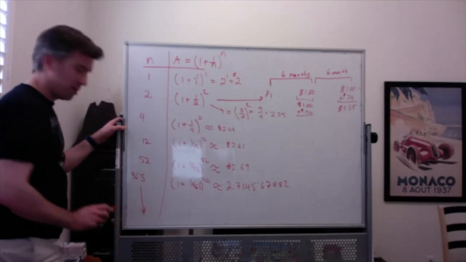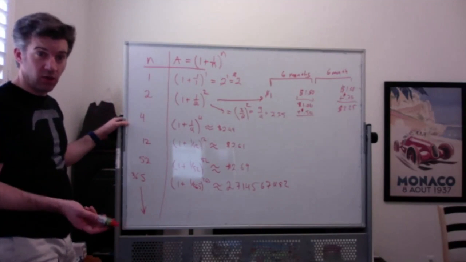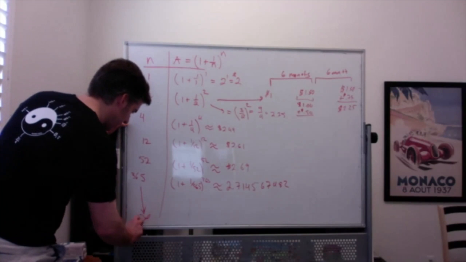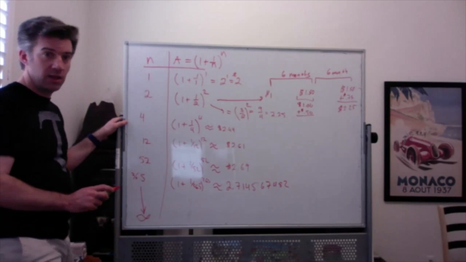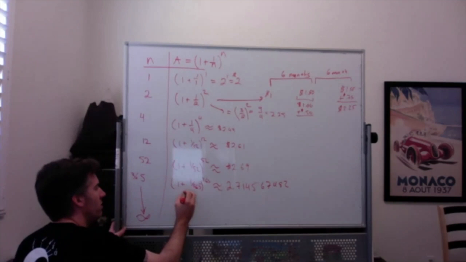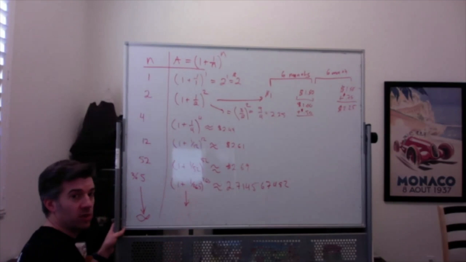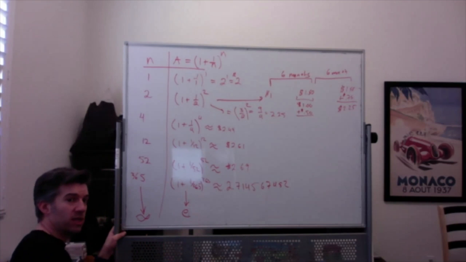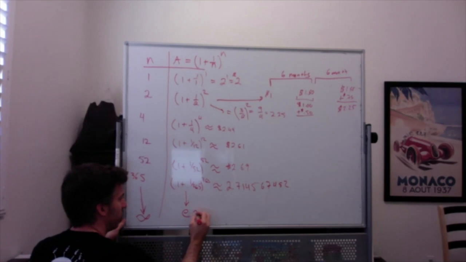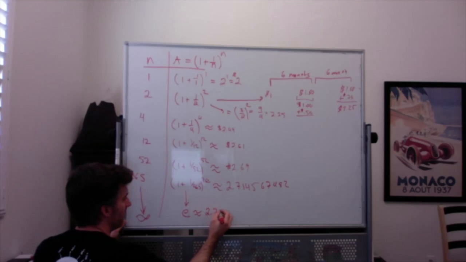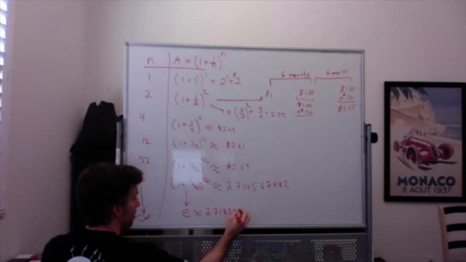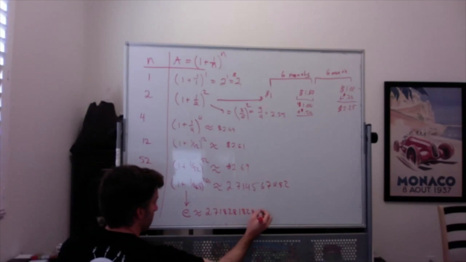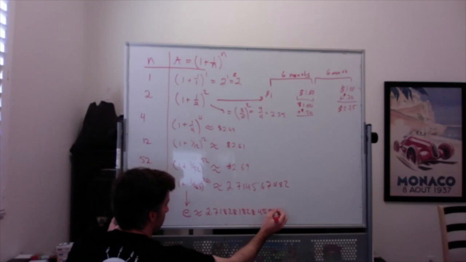So if you compound the money continuously or an infinite number of times, the amount of money you're going to owe me gets closer and closer and closer to the number e, which is approximately 2.7, but it is more specifically approximately 2.71828 459045.